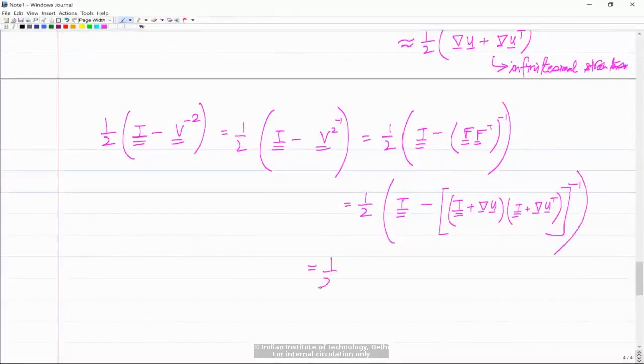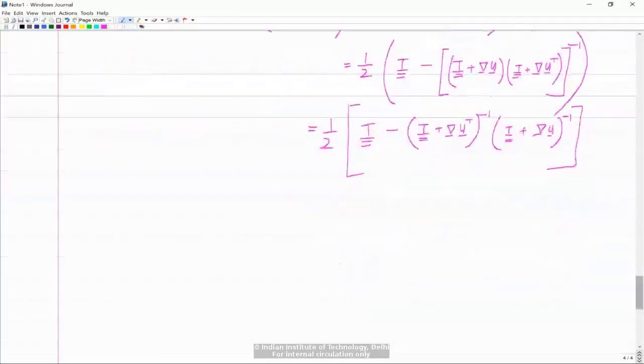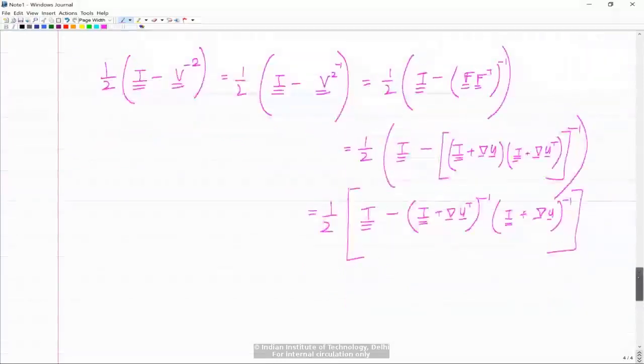Which is the same as half of I minus I plus grad u transpose inverse into I plus grad u inverse, isn't it? And of course, now you are stuck. What do I do with the inverse of this tensor?